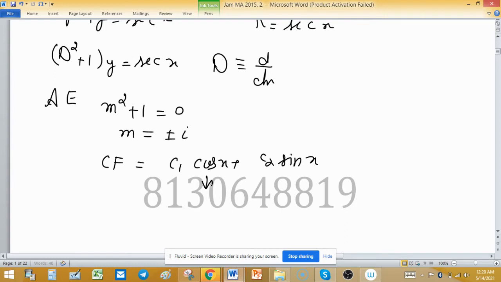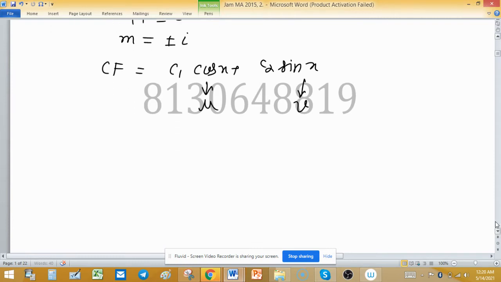Call these u and v, as I discussed earlier. Now we find the Wronskian of u and v, with u prime and v prime.